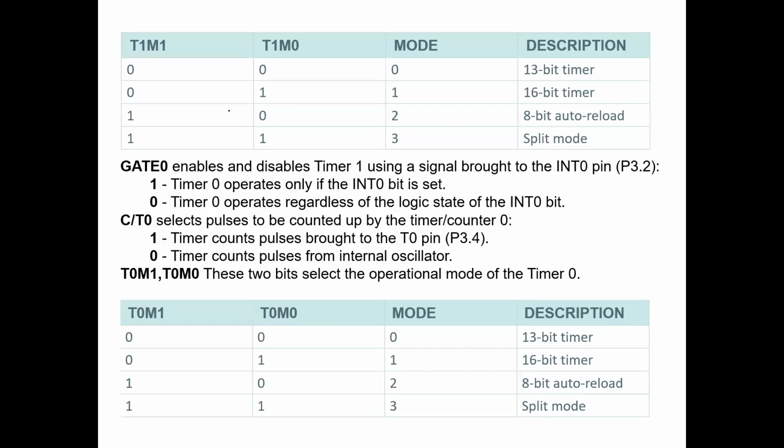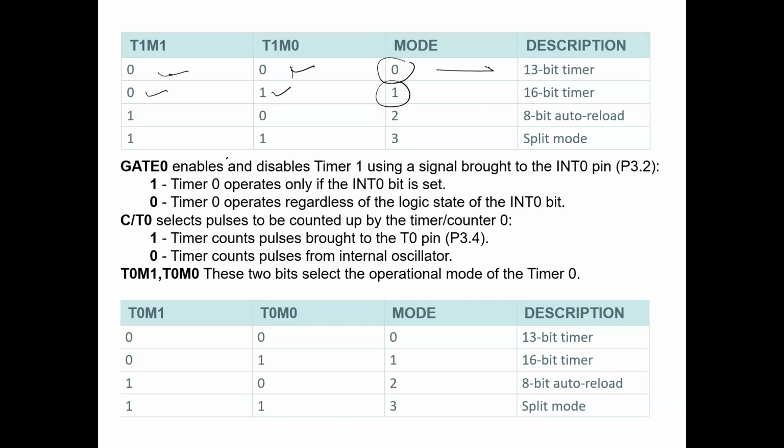If T1M0 is 0 and T1M1 is 0, it will be mode 0. If T1M0 is 1 and T1M1 is 0, it will be mode 1.